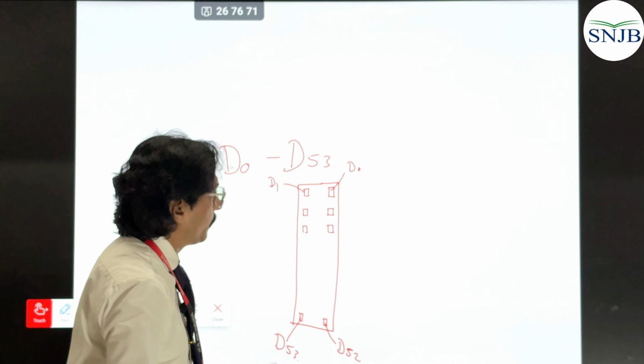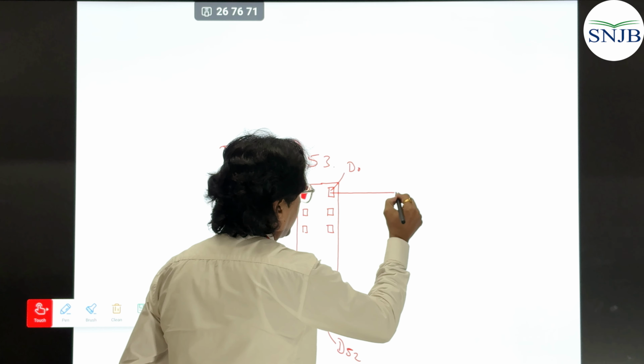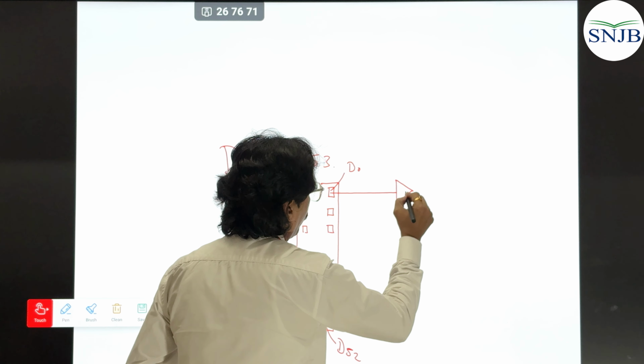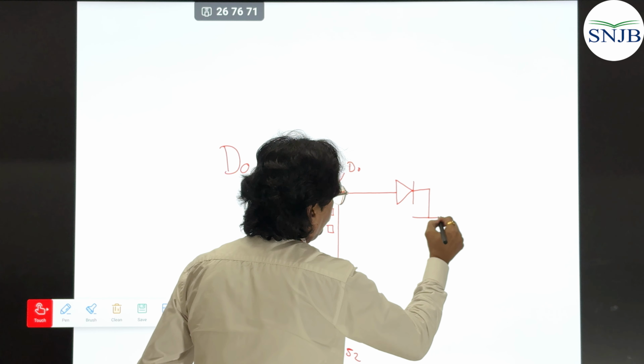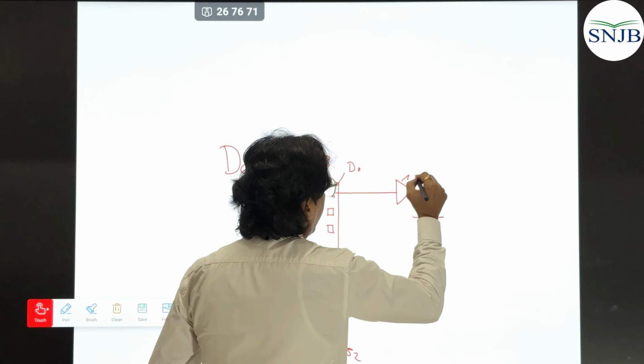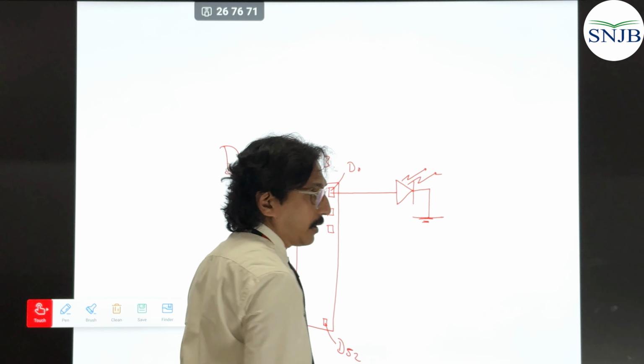So we can connect digital devices. For example, you have one light emitting diode, and that light emitting diode is connected over here.